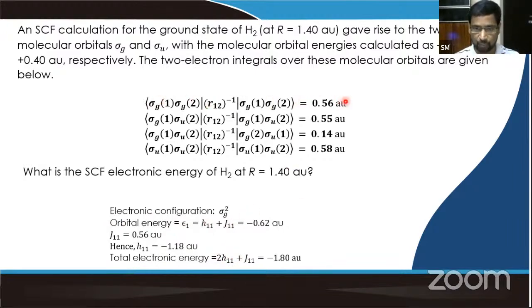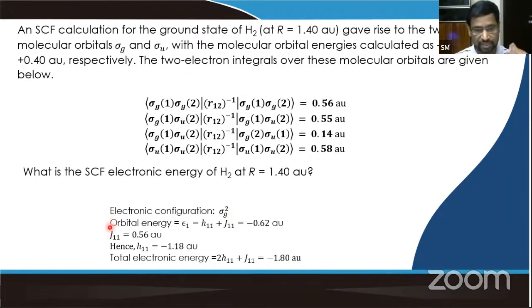So this J11 value is simply given here as 0.56 atomic units. Solving this, you can figure out that the total electronic energy will come out to be minus 1.80 atomic unit. So this question tries to teach you how to carefully distinguish the orbital energy from the total electronic energy.